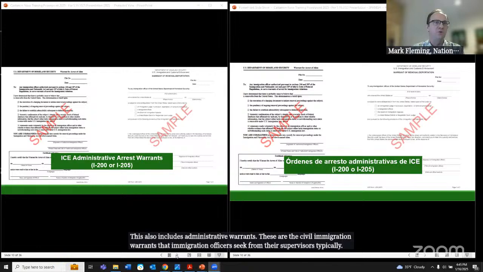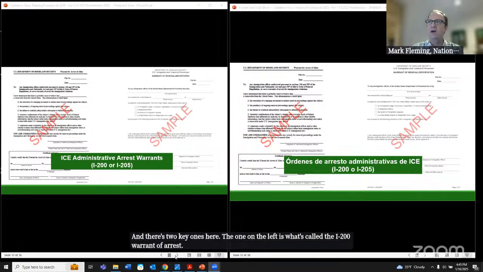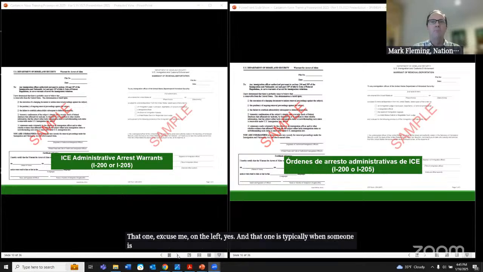And there's two key ones here. The one on the left is what's called the I-200 warrant of arrest. That one is typically when someone is arrested prior to their removal proceedings. So it is at the point of arrest at the start of removal processing.